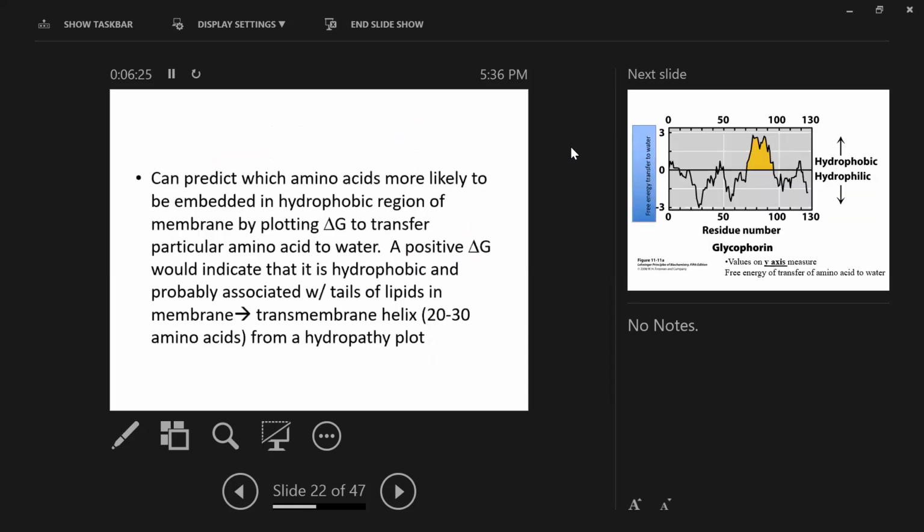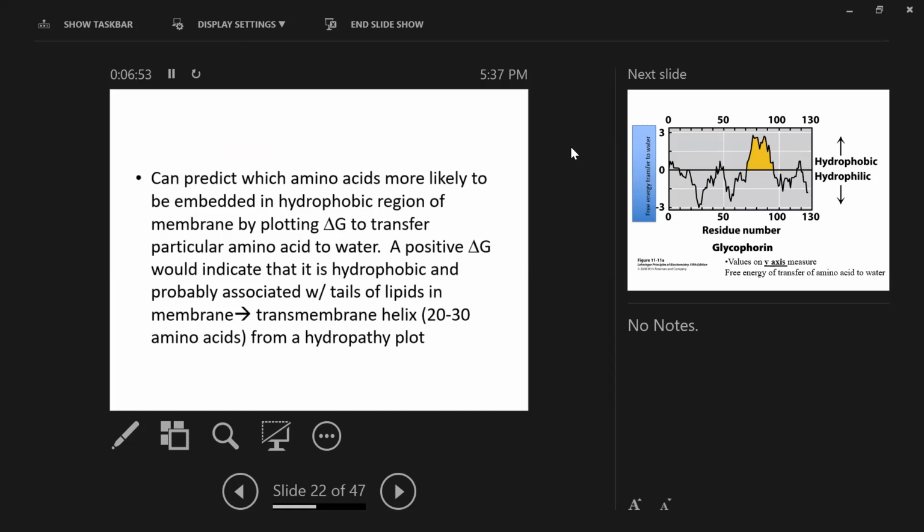Now, if they know the amino acid sequence of a protein, the primary structure, they can predict which portions of the protein would be more likely to be in a membrane and which portions would not be by doing a hydropathy plot. They can plot amino acid position in the protein versus free energy of transferring to water.